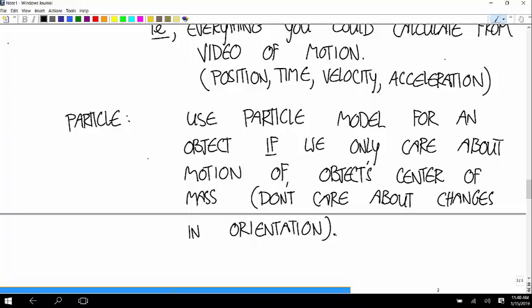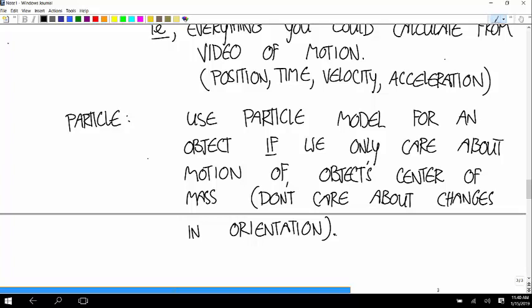For example, if you're doing a calculation involving a baseball and you want to calculate how far it flies if I throw it with a certain initial velocity, we don't care about whether it's spinning or whether it lands upside down. We just want to know where the center of the ball is. So we would treat it as a particle.